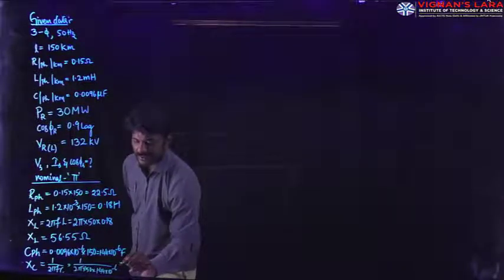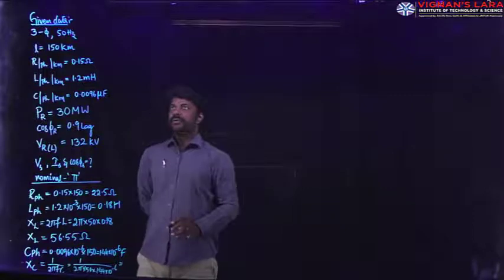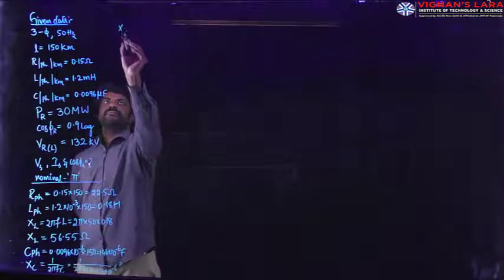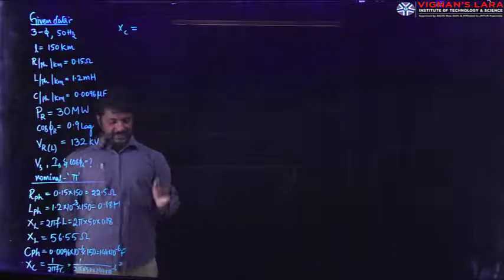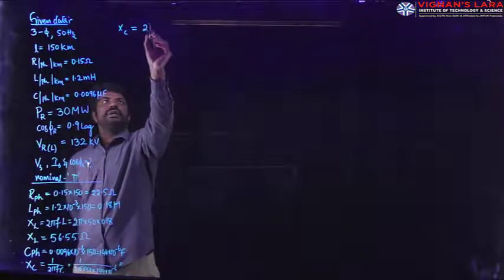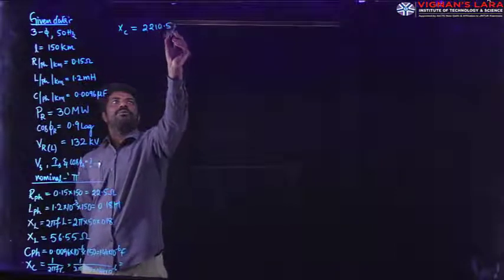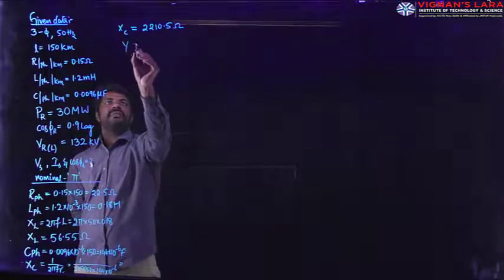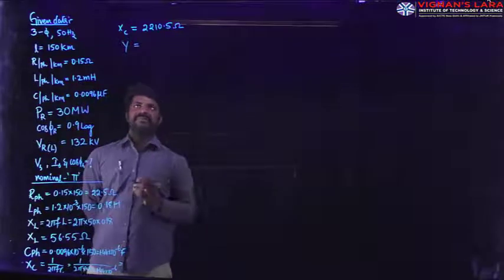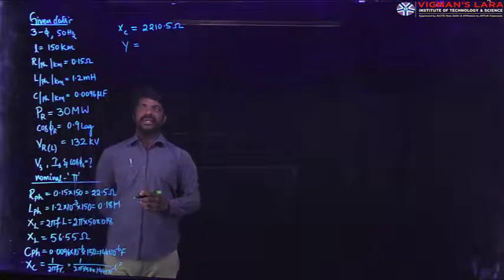Simplifying this in the calculator, we get the capacitive reactance XC as 2210.5 ohms.